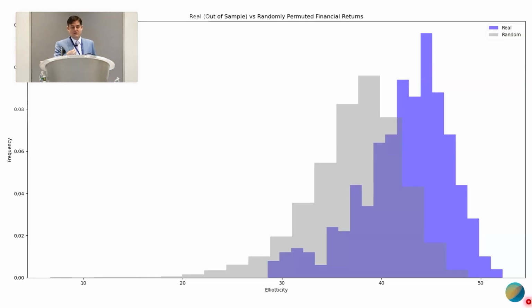So we said, is Ellioticity a stylized fact? We did this study where we looked at real market data, and we ran EWAVES on it, and we compared that against random data. As you can see here, the real data is in blue, and the random data is in gray on this chart. The conclusion was that, yes, we can show that Ellioticity is a stylized fact of financial markets.